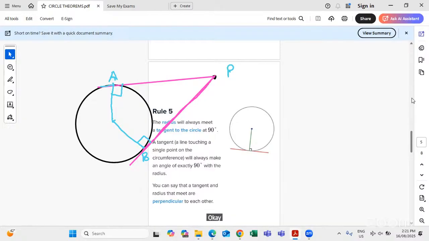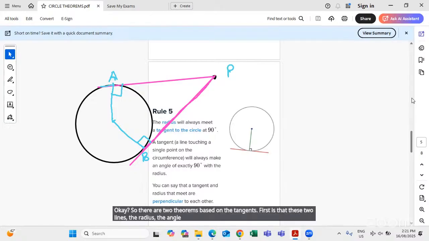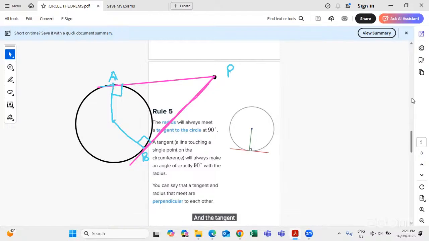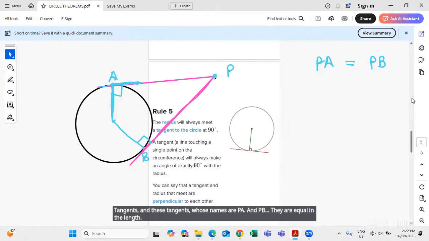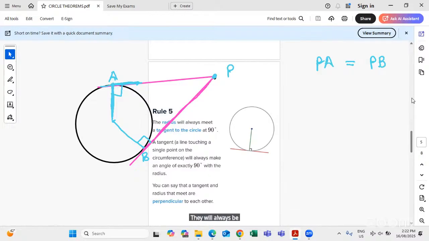Okay, so there are two theorems based on tangents. First, the angle between the radius and the tangent is always 90 degrees. From a point outside the circle, you can draw only two tangents, and these tangents, PA and PB, are equal in length. They will always be equal in length. We will do this proof also. Okay, now let's go to some questions here.